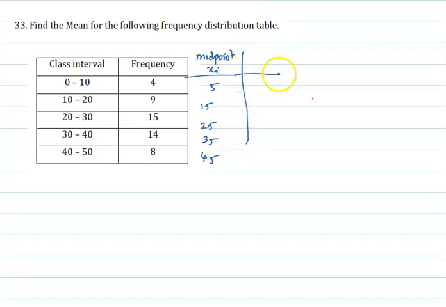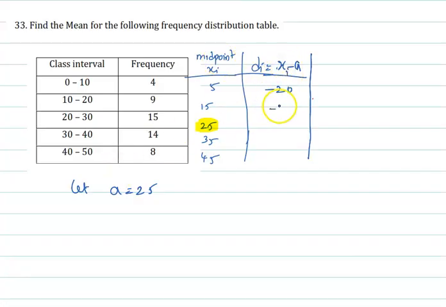I am not going to use the direct method here, as we have bigger numbers. I am going to find di as xi minus a. I will use the assumed mean method. I am going to assume the middle-most value in this column as the assumed mean. I can take any value, I will take 25, which makes it very easy. 5 minus 25, here xi and here a. Subtracting, we get -20, -10, 0, 10, 20.